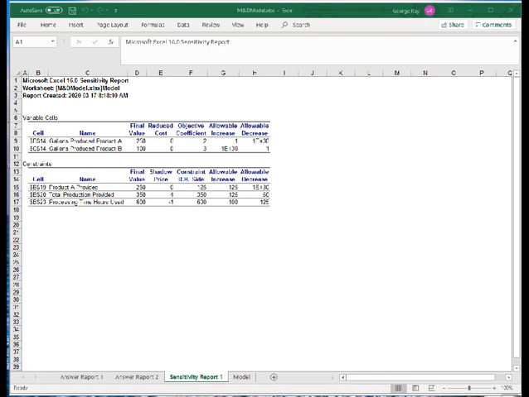So we see in this particular sensitivity analysis, the shadow price for a constraint is the change in the optimal objective function value if the right-hand side of that constraint is increased by 1. Non-binding constraints will always have a shadow price of 0.